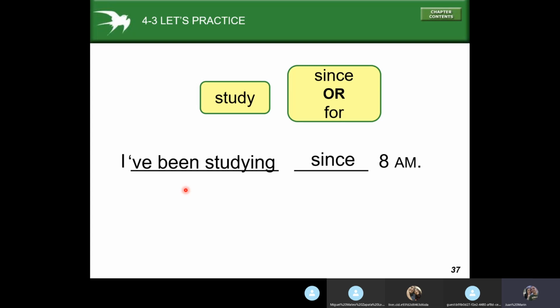And the pronunciation of the contraction here is I've or I have. But remember, normally in spoken English, we don't say I have been studying, but we use the contraction.